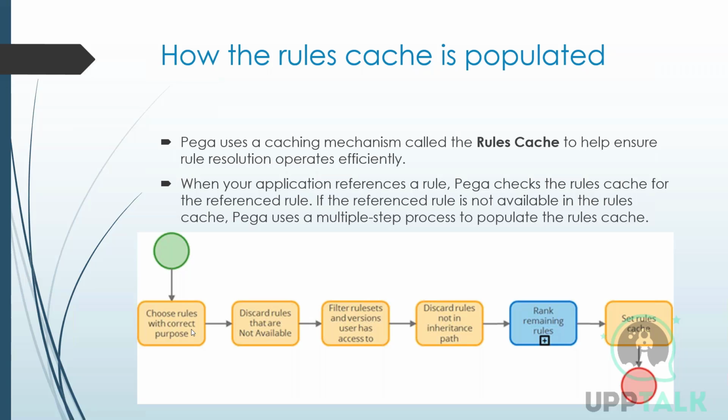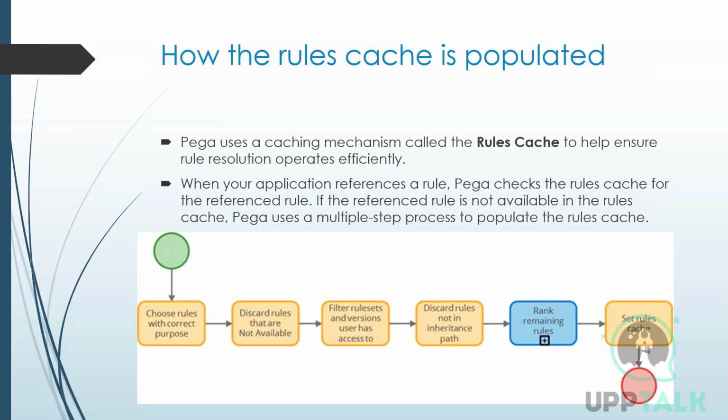Considering all of this, the system would choose the rules with the correct purpose. Once you get a list of rules on the first step, the system slowly starts eliminating the rest. This is an elimination process. Suppose you start with 20 rules with the correct purpose; finally, when you're setting the cache, you might end up with just 4 or 5.